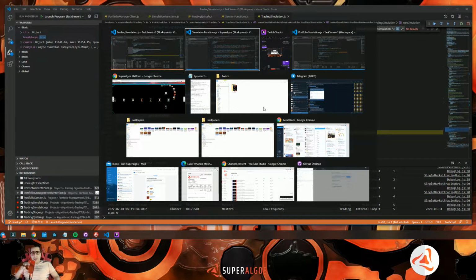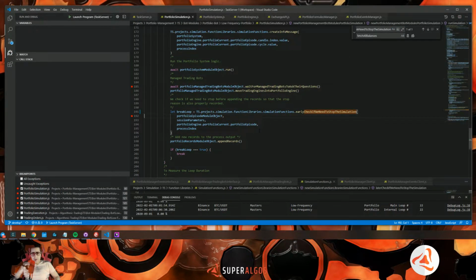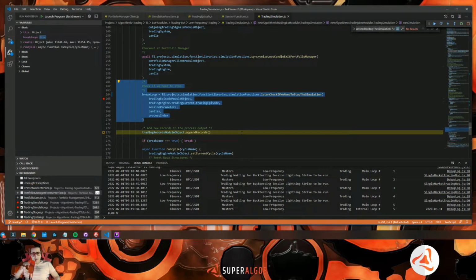So we will add this same function to the portfolio simulation, which is done also before the append.